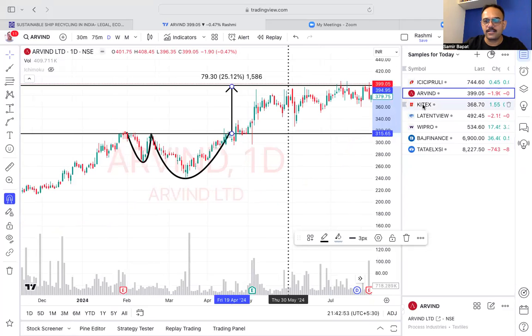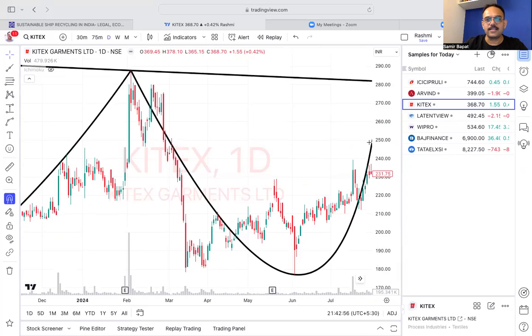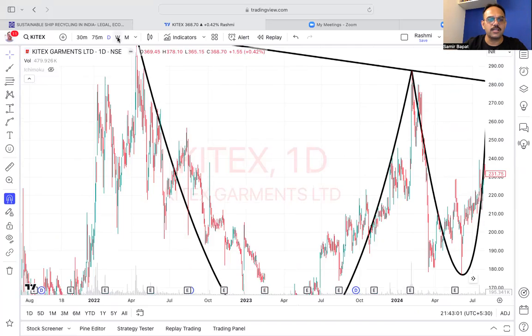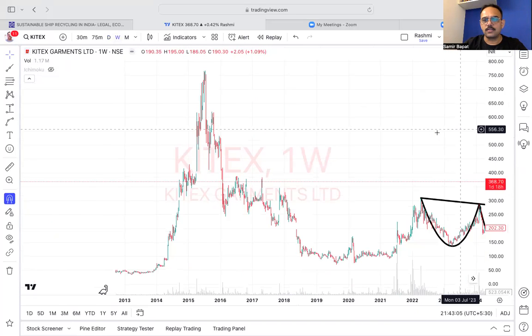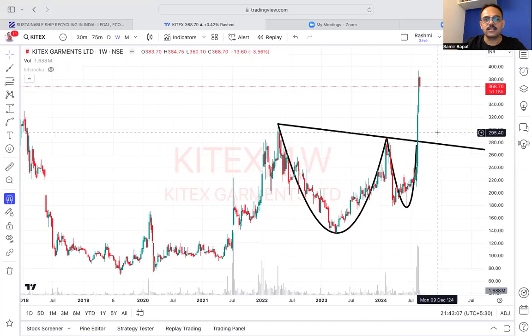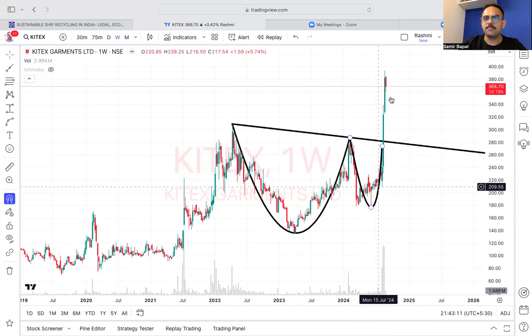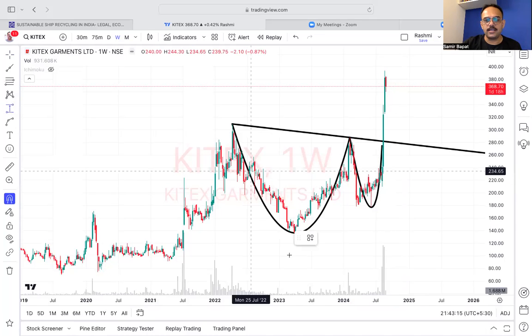Then we have Kitex. Kitex again is a weekly chart. This is the weekly chart for Kitex. This is the cup, handle, breakout. How far will it go? Let's see.